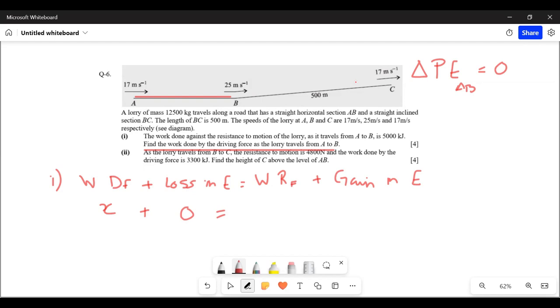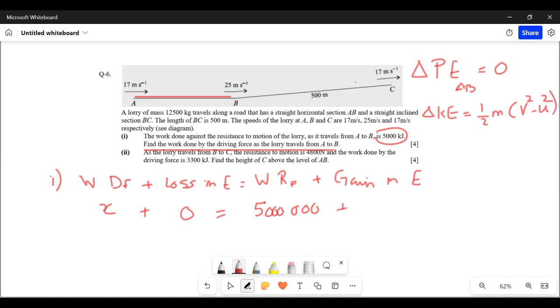Okay. Work done by resisting force is given in the question, 5,000 kilojoules. So 5,000 and then another 1,000 joules, plus gain in energy, that's going to be the gain in kinetic energy, which can be written as half m, bigger speed square, which is v in this case, minus smaller speed square, which is u in this case.